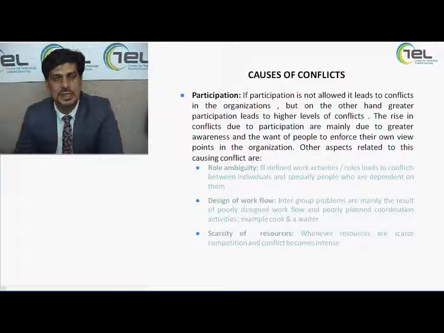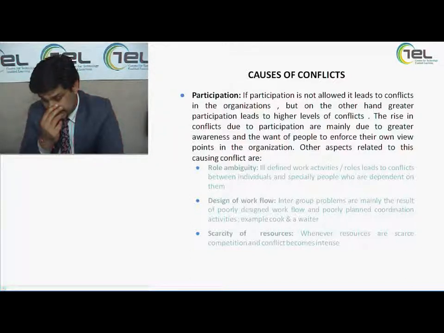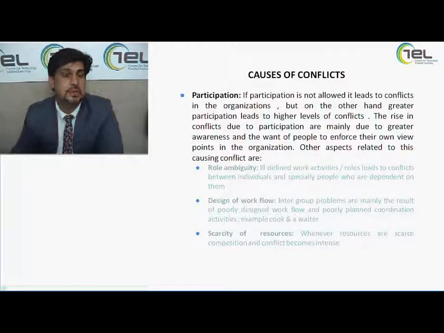The aspect of participation is related to the aspect of awareness and the aspect of people trying to enforce. As awareness increases, people try to enforce their viewpoints more. Therefore, it leads on to conflicts. Let's look at the other conflict causing scenarios.